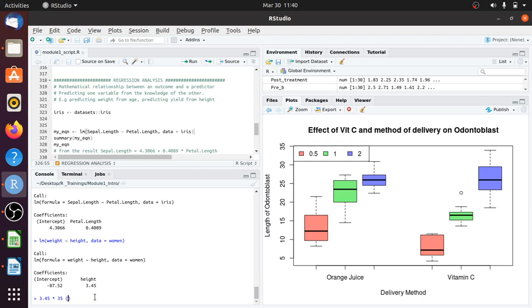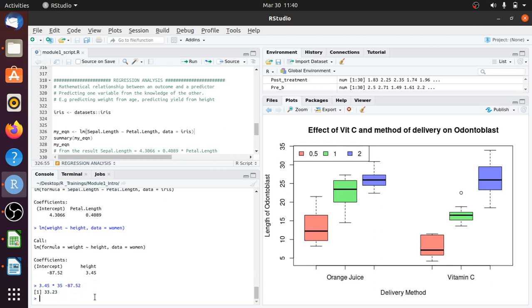Then 3.45 times 35 minus 87.52 gives me 33.23. So for somebody whose height is 35, that is the weight based on the data set that we have up there.